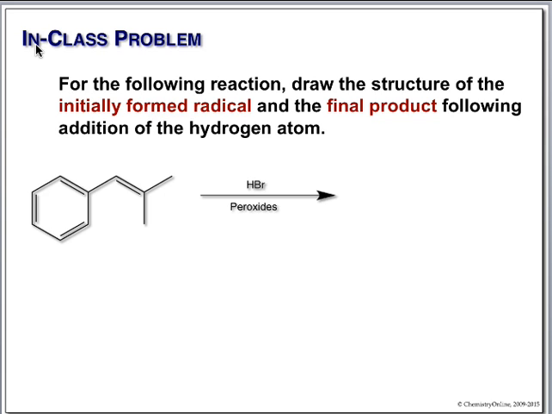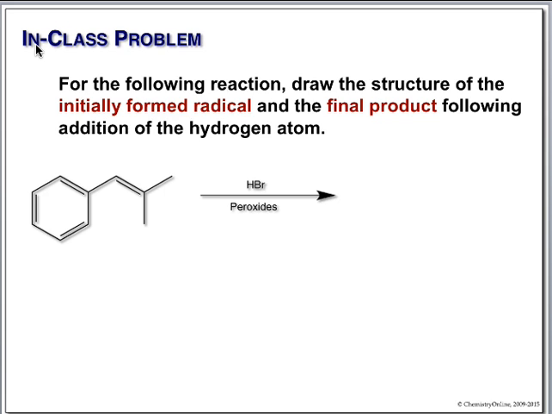Now we look at our alkene here. We have a tertiary carbon. This is actually a secondary, isn't it? Except this is also benzylic. Because it's benzylic, it is more stable than the tertiary. So the radical is going to form on the benzylic carbon.